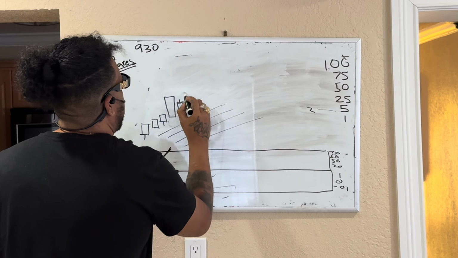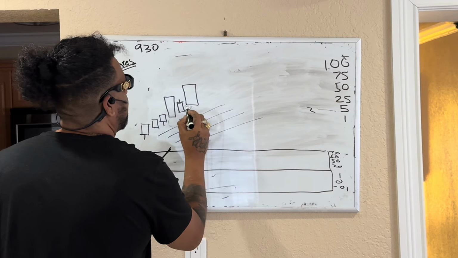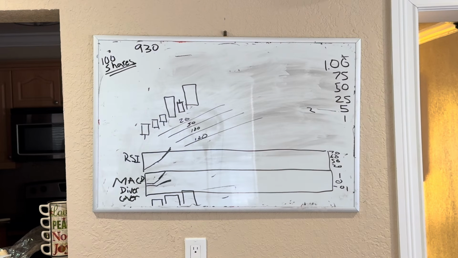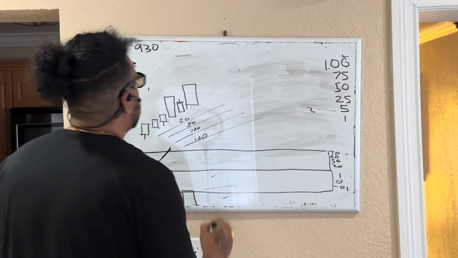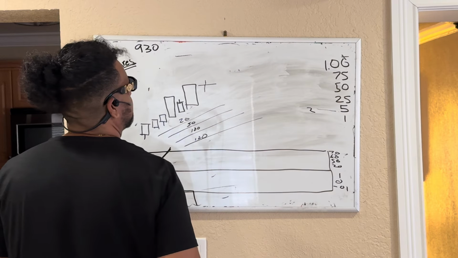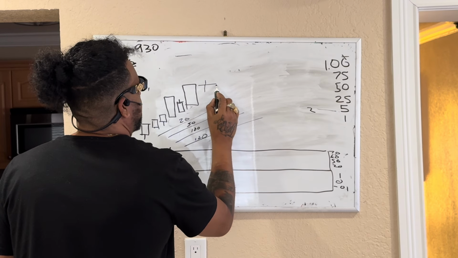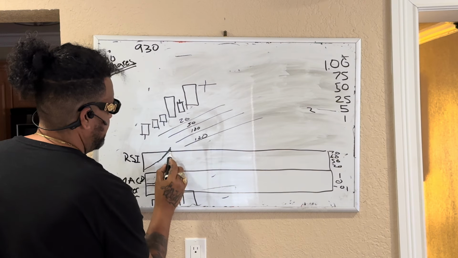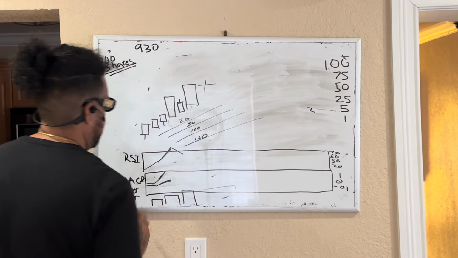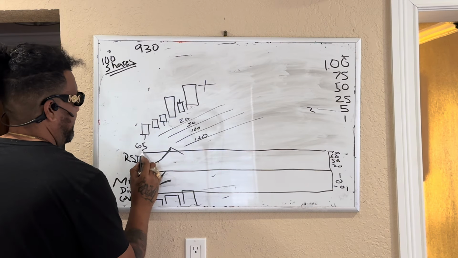Now you get a big candle. Now you're up 50 cents. Okay? But all of a sudden, you get a doji. When you get a doji, you see the RSI drop under 70. Now it's at 65.